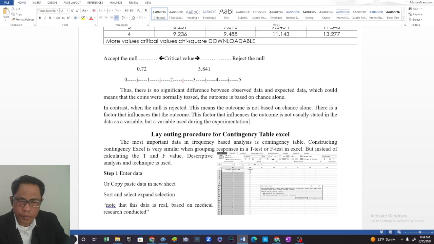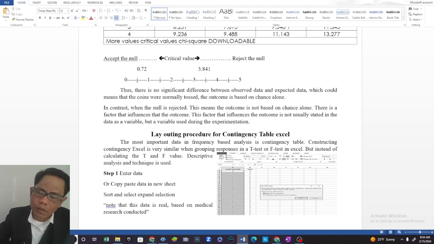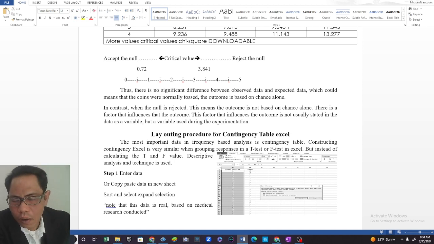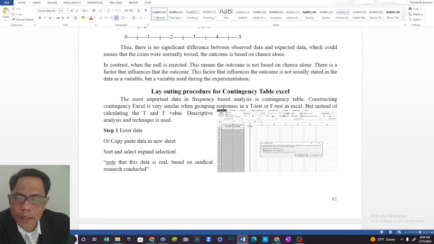So there's something that influences it, but it is not stated in the data, but arises during the experimentation or the process of gathering the data.